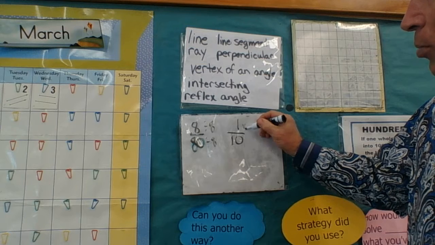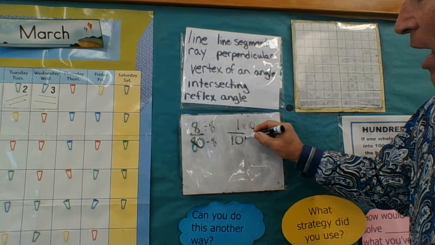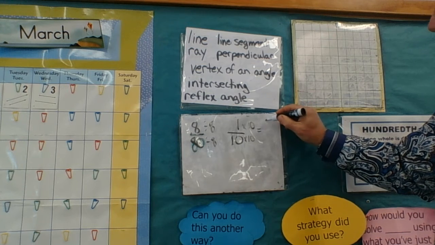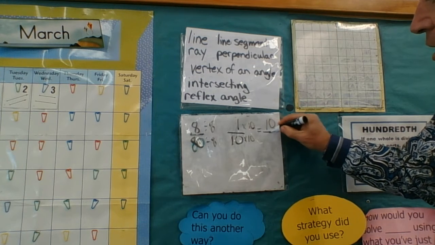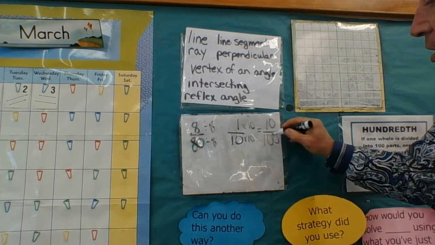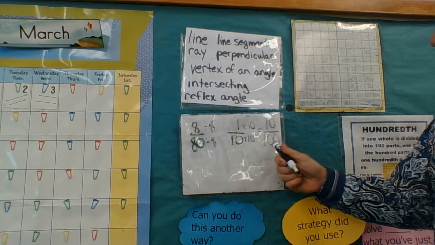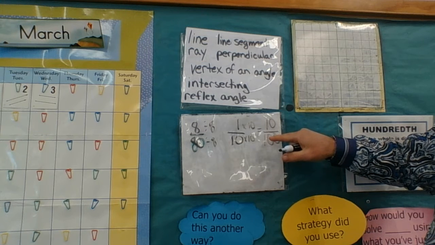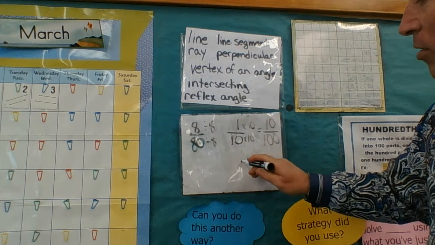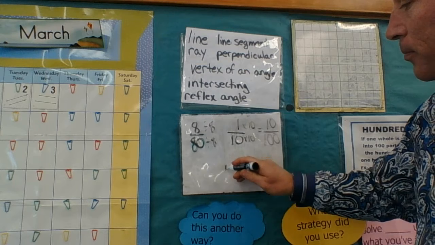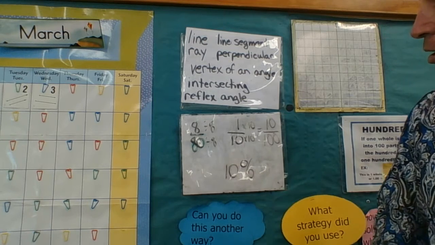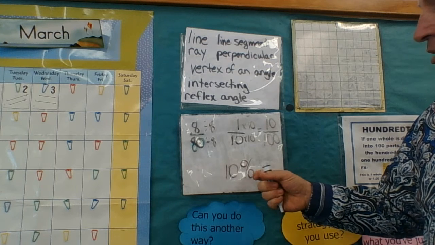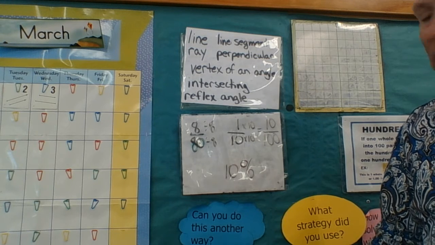So if I multiply the numerator times 10 and the denominator by 10, I get an equivalent fraction of 10 100ths. And once I got 100ths, I know I'm dealing with my percent. Another way of writing hundredths is percent, which means I could now answer the problem and say, we have 10% of our book left.